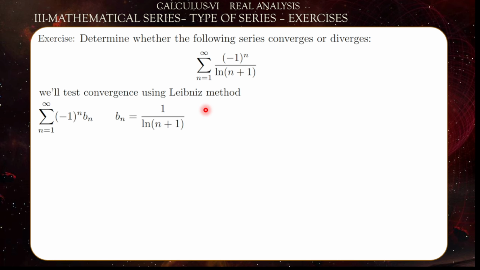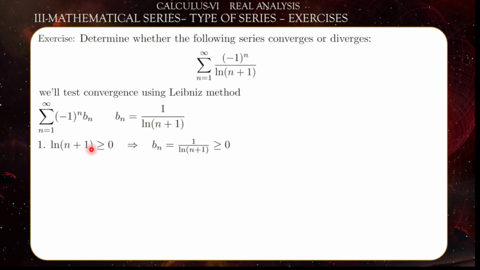So let's start. Okay. It is of the form sigma n equals 1 to infinity of minus 1 to the power of n multiplied by b_n, with b_n equal to 1 divided by ln of n plus 1. Now, ln of n plus 1 is always greater than or equal to 0, no matter what n would be. Even if n starts from 0, ln 1 is 0, so it still meets the criteria of being greater than or equal to 0.